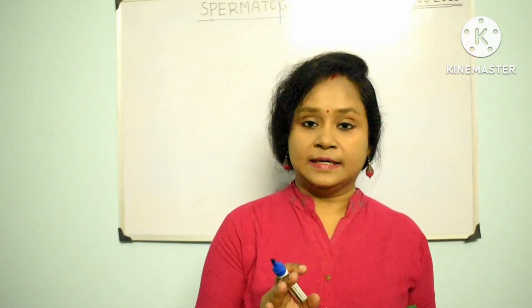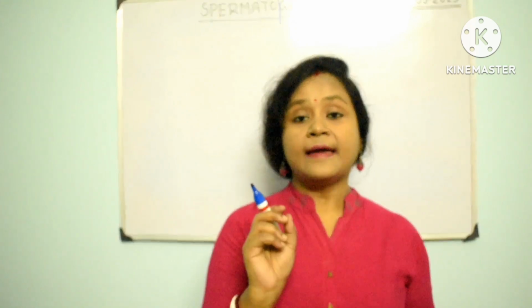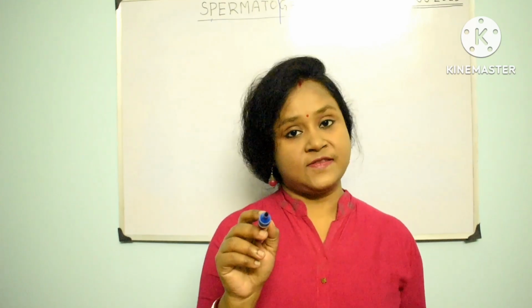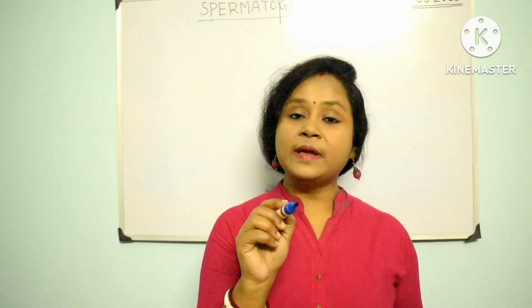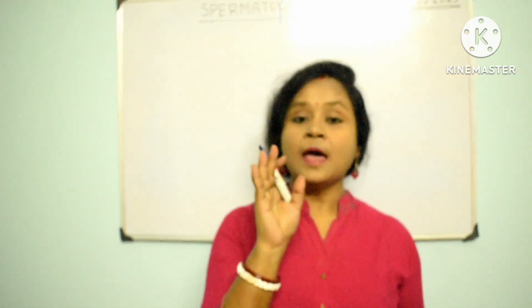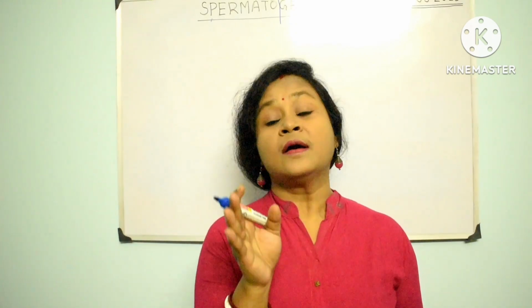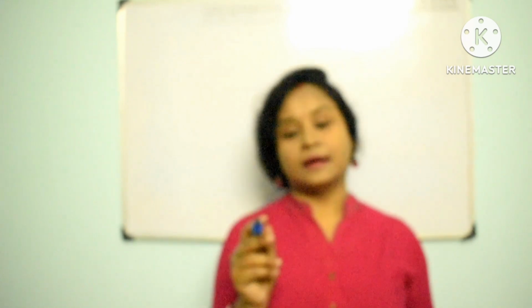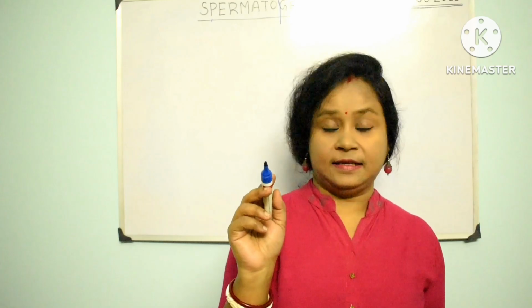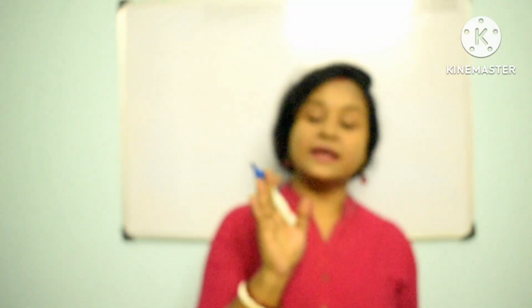During early embryonic development, primordial germ cells migrate from the yolk sac to the testis and become spermatogenic stem cells, which can give rise to sperm when needed. Now this primordial germ cell is termed the spermatogonial cell within the outer region of the seminiferous tubule.